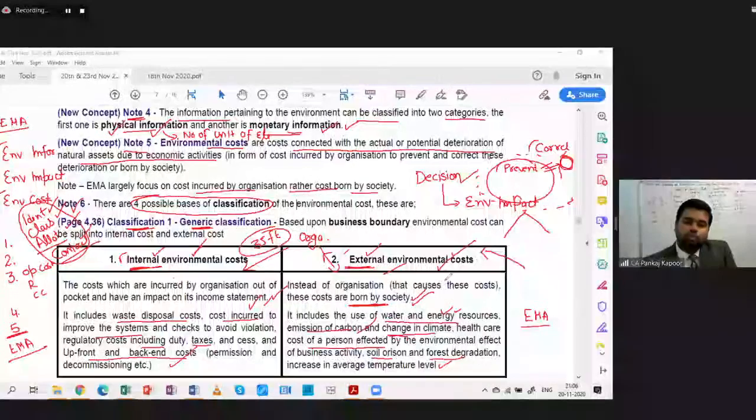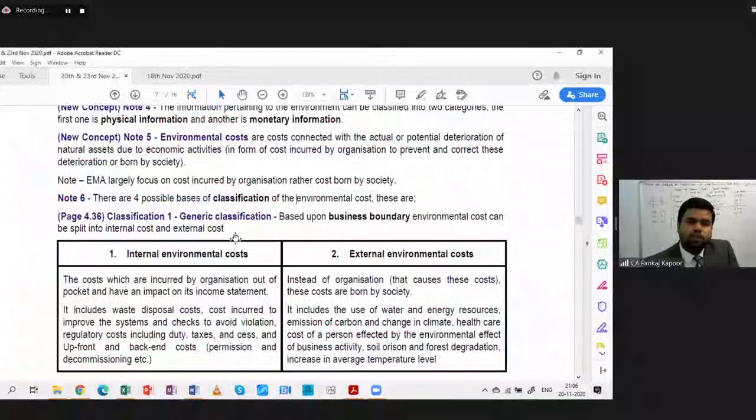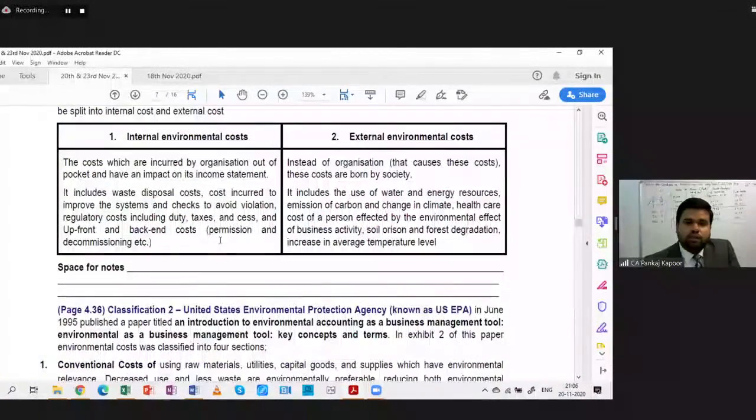Okay. Now moving further, let me clean the board and move further. There is a space for the notes. And what is the important finding here?